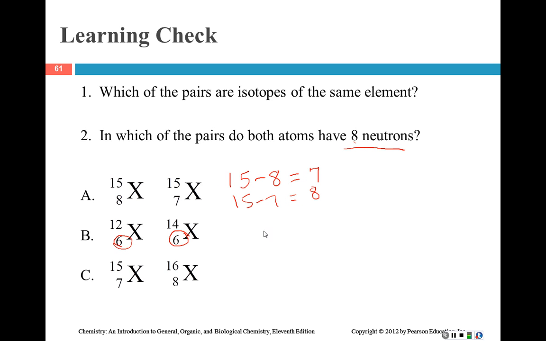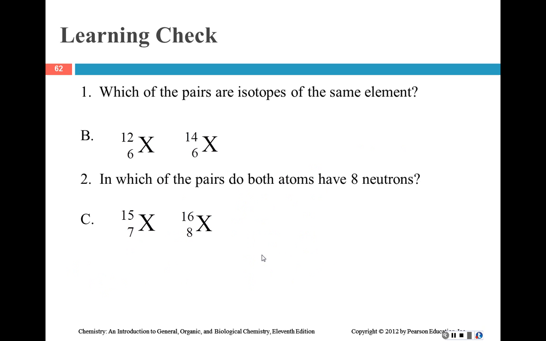So they don't both have 8 neutrons. 12 minus 6 is 6. 14 minus 6 equals 8. Okay, that didn't work either. These pairs, though, 15 minus 7 is 8, and 16 minus 8 is 8, and so these guys would both have 8 neutrons, right? Very good.